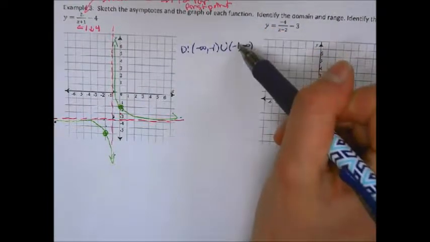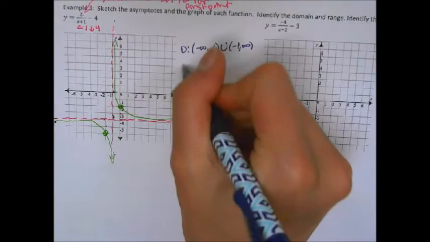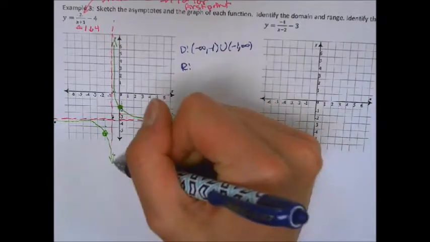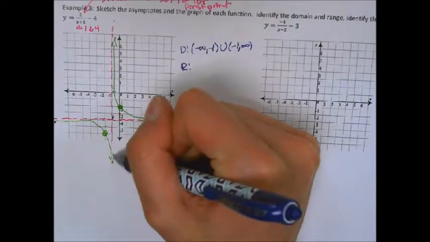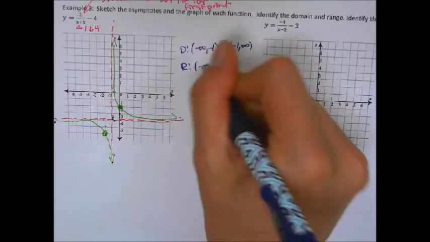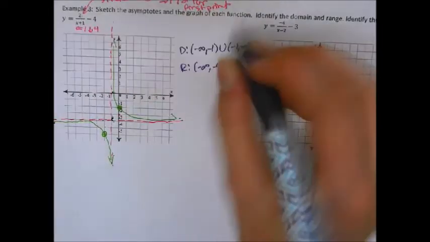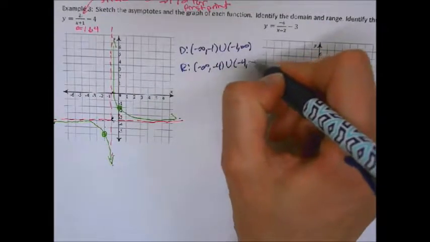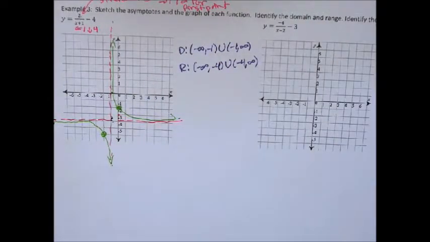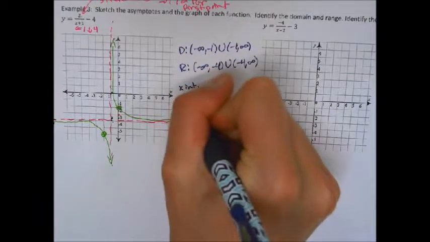Note the relationship between this negative 1 and our asymptotes. For the range, let's start from the bottom. We go from negative infinity and stop at negative 4. And then we pick back up at negative 4 and go to positive infinity. And then we need to find the x-intercepts, y-intercepts.